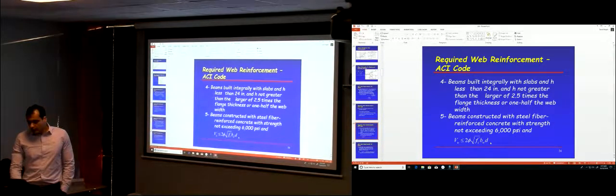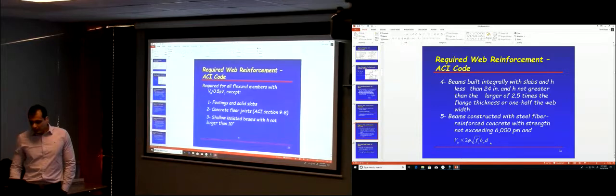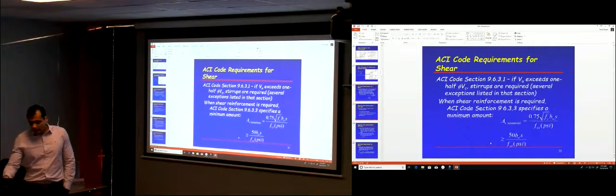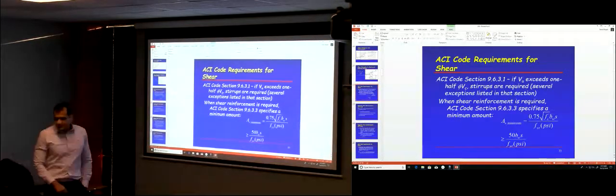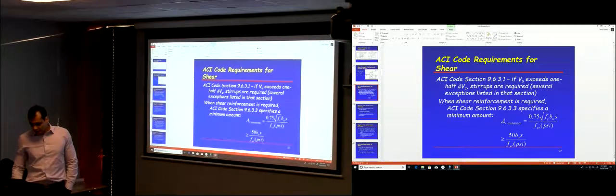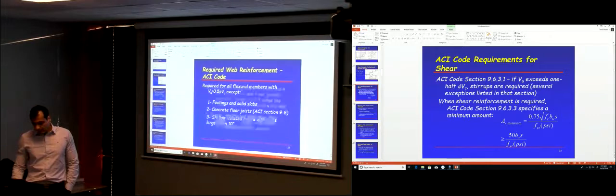Being constructed with steel fiber reinforced concrete with strength not exceeding 6 ksi, and V ultimate is less than 2 phi square root f'c b web d. Okay? Definitely, those are in the ACI code. Okay? In section 9.6.3.1, so you don't need to memorize them, but you need to know what section they are in. Okay?